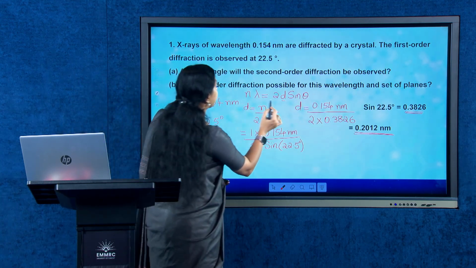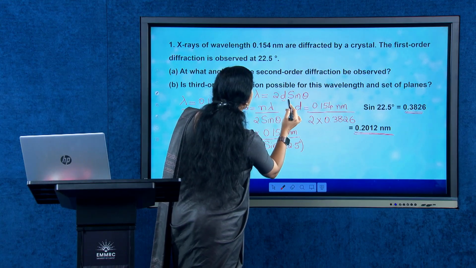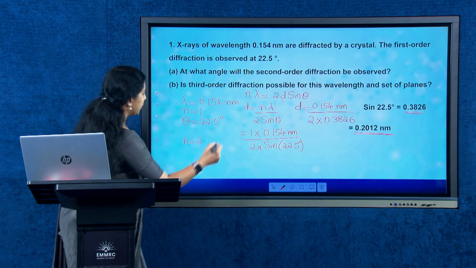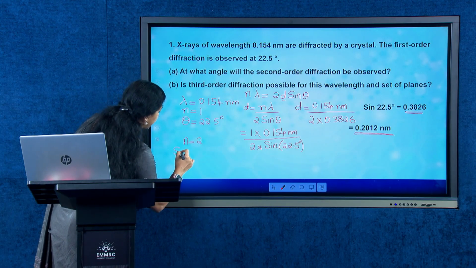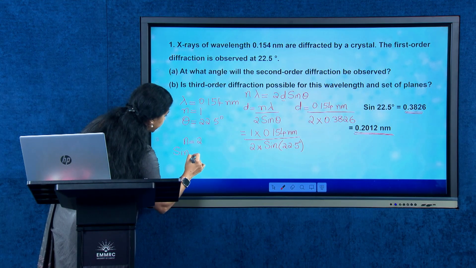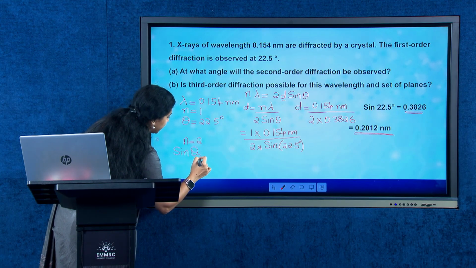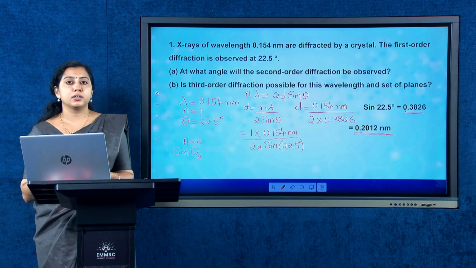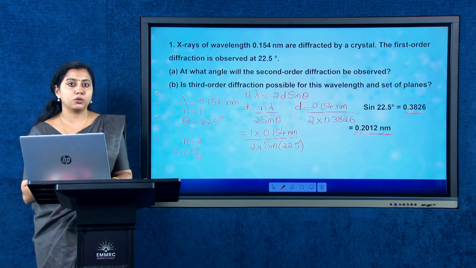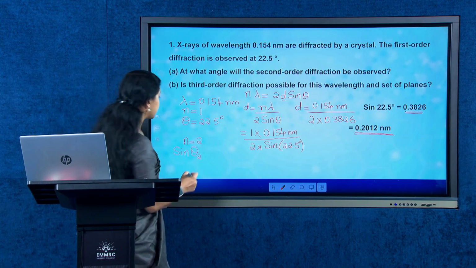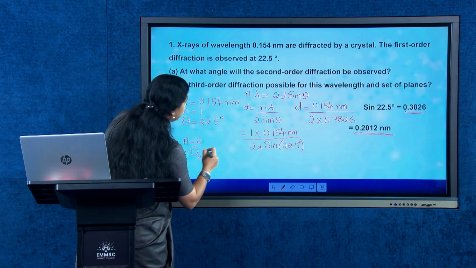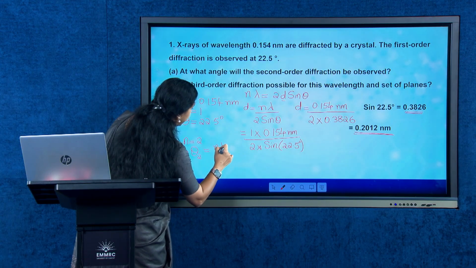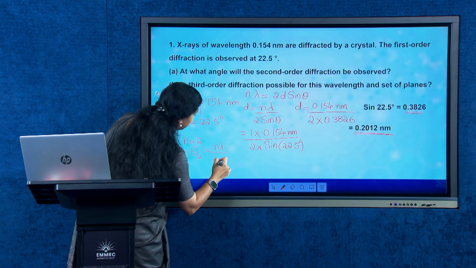Look at Bragg's equation, n lambda equals 2d sin theta. Let us denote the theta as theta 2, just to convey that it is from a second order diffraction. So, sin theta 2 will be equal to n lambda by 2d.